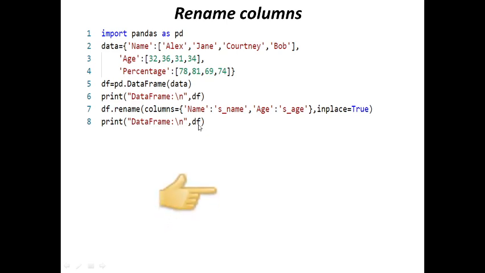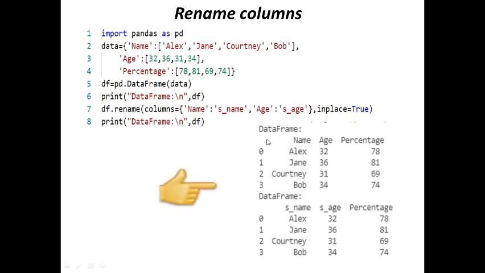After running this code, the output will be, now you can see the difference. Earlier column names are name, age, percentage, and now after renaming, column names are s underscore name, s underscore age and percentage. So using the columns parameter of the rename function, we can rename column names.